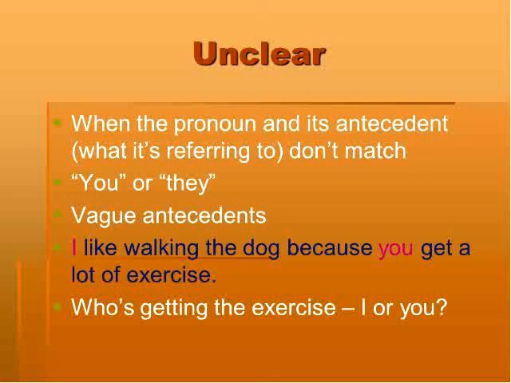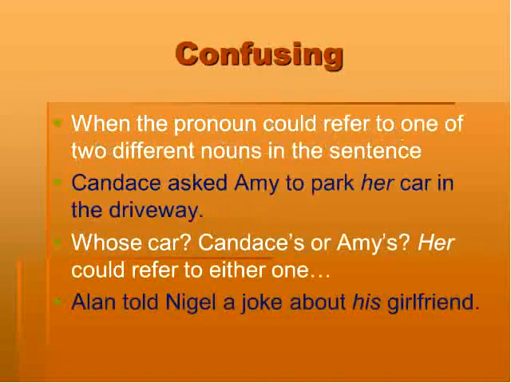So, okay, here is an example of an unclear one. I like walking the dog because you get a lot of exercise. Who's getting the exercise? I or you? So it's not matching. Confusing: Candace asked Amy to park her car in the driveway.